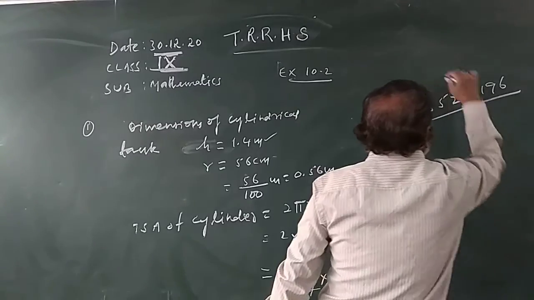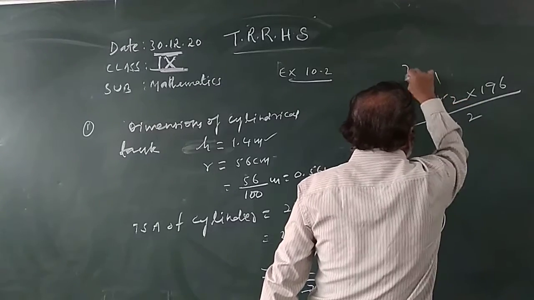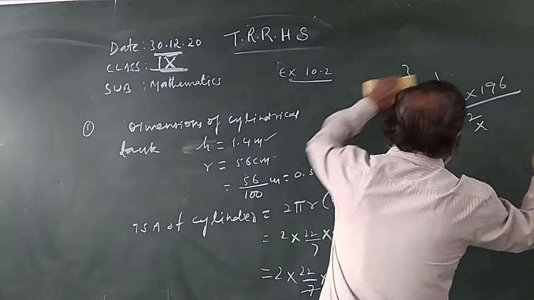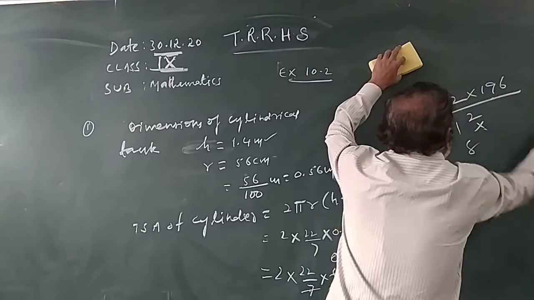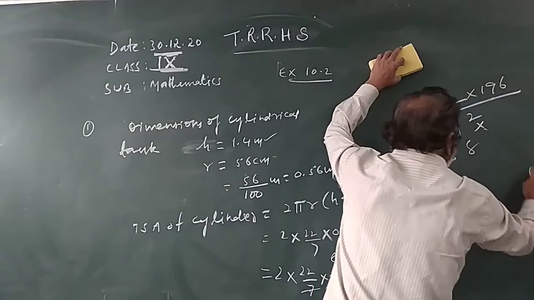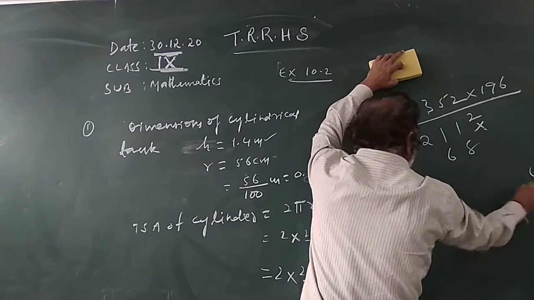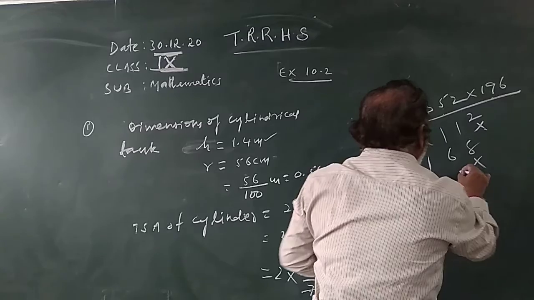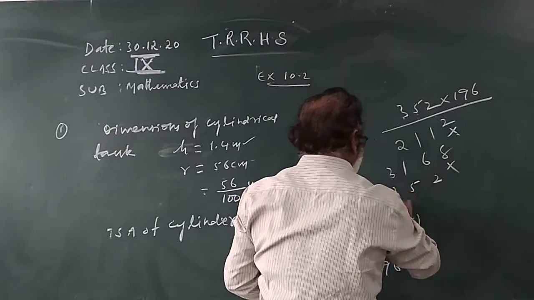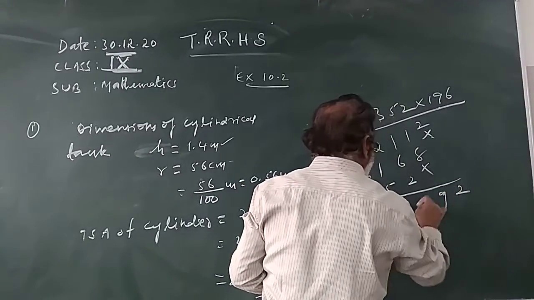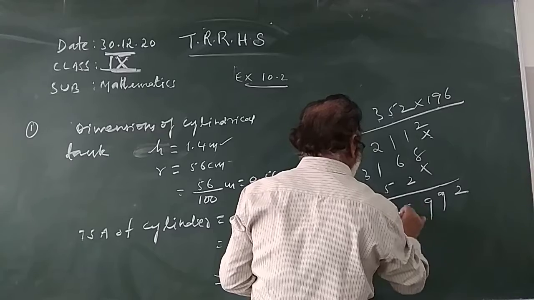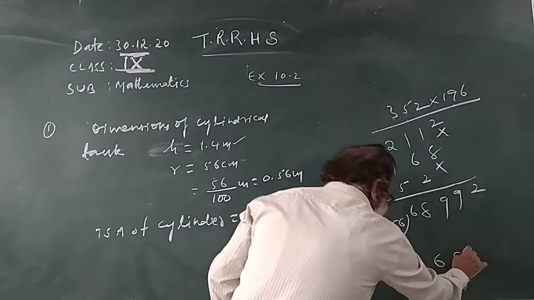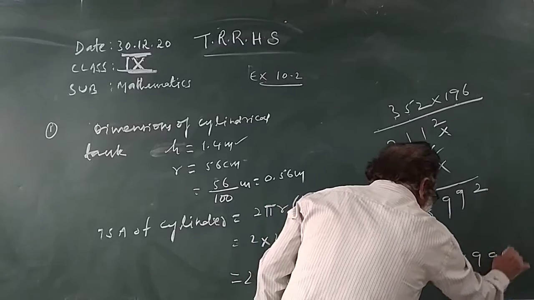So 6 into 2 is 12, 6 into 5 is 30, 31, 6 into 3 is 18, 18 plus 3 is 21. Now 9 into 2 is 18, 9 into 5 is 45, 46, 9 into 3 is 27, 27 plus 4 is 31. Then 1 into 2, 1 into 5, 1 into 3, and adding we get 68992.